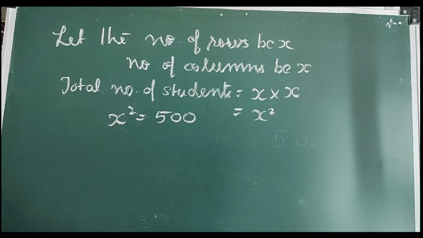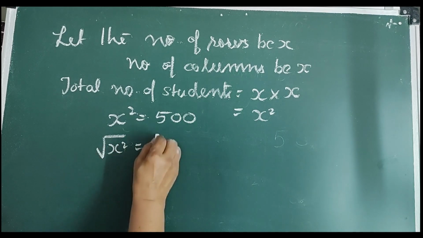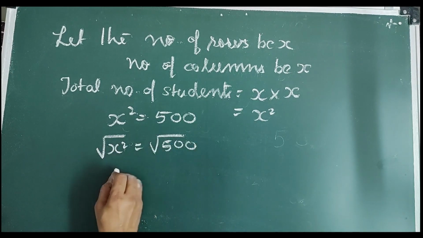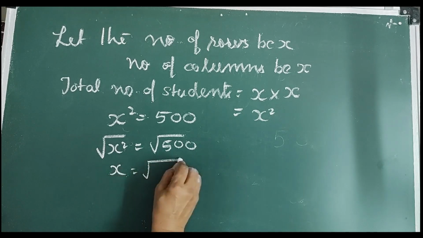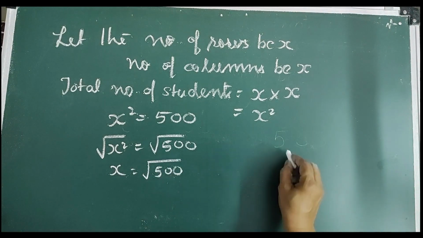Now finding the square root of 500 by the long division method. That is, square root of x square equals square root of 500. So x is equal to square root of 500.